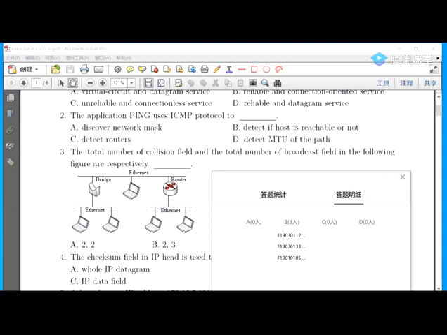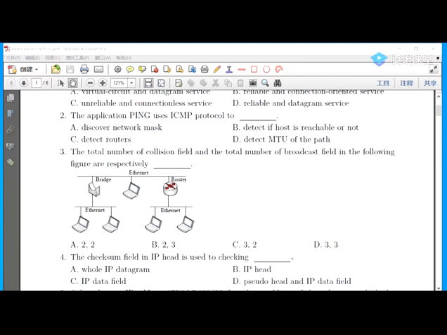Yes, right. The answer is B. Just now we have learned this point: to detect if a host is reachable or not. The answer is B.